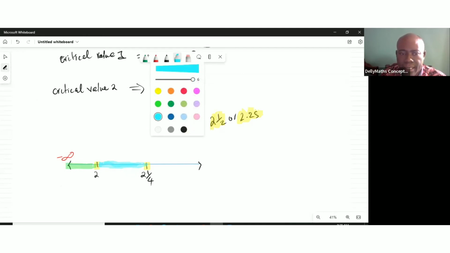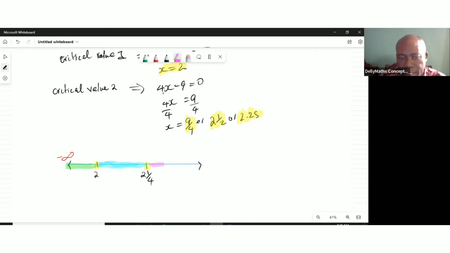And lastly, I will be testing a number greater than 2 1/4 to positive infinity, any value over that side. The markers that we have are at 2 and 2 1/4, so we're testing in those color regions.